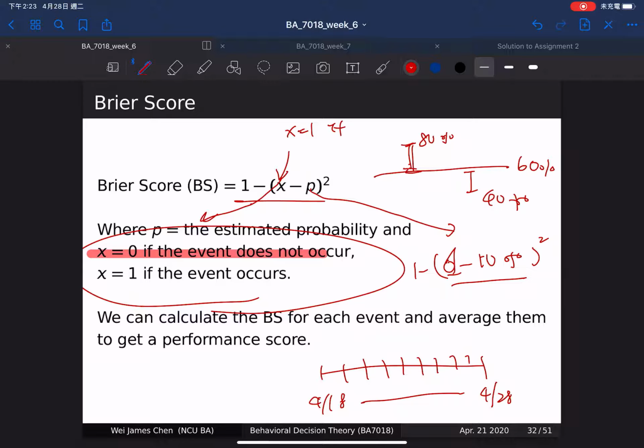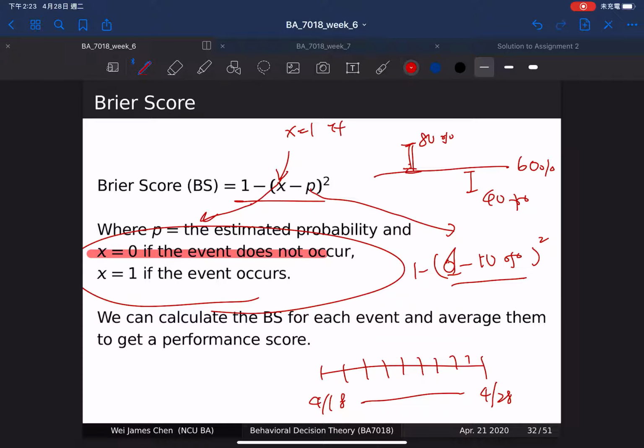Then you will have a lot of predictions: in 1 minute you will have 60 predictions, in 1 hour you have 3,600. You have many more things to average out. Generally speaking, that will be a better way of assessing whether you're good or not, because we have a lot of things to average out.